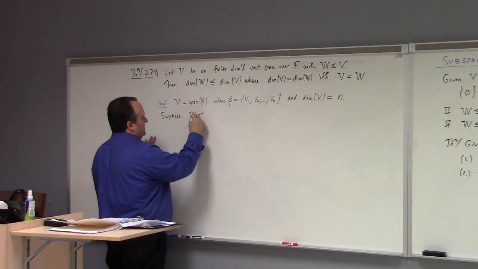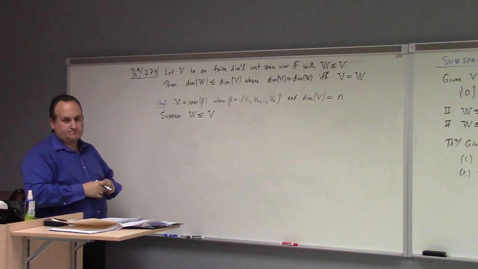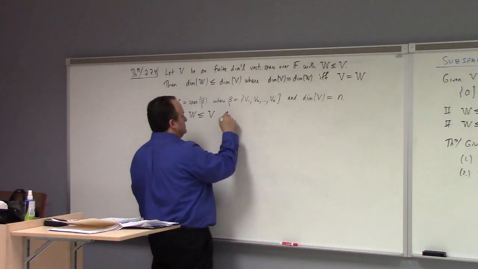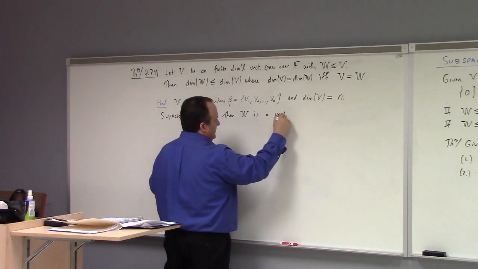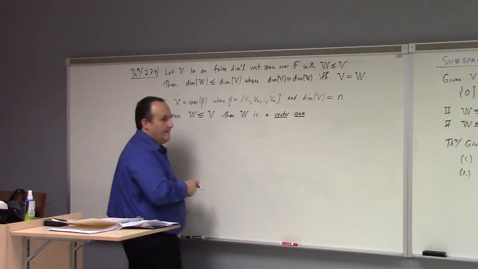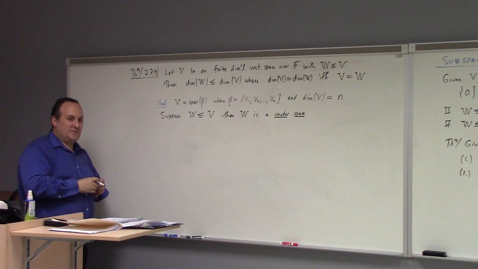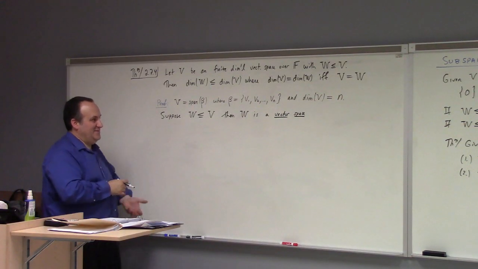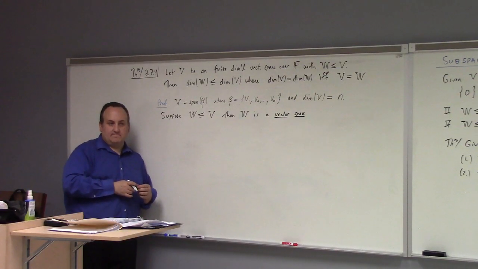Suppose W is a subspace of V. Then W is a vector space. And what does that mean? We had a theorem last class that any vector space has a basis.